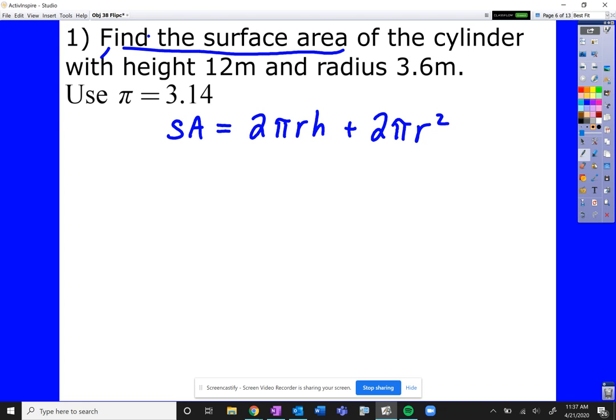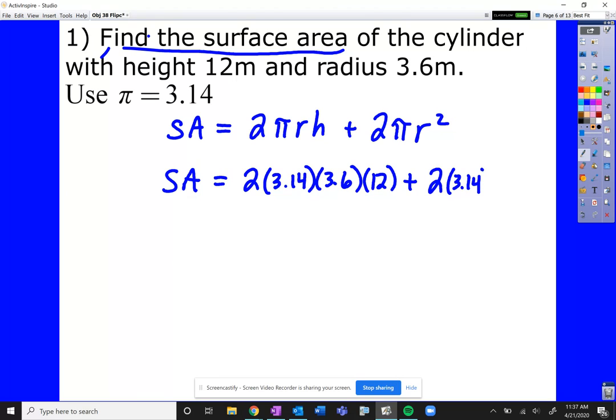Find the surface area, so we don't know that, so let's leave it. 2. Replace pi? Yes, 3.14. Replace r? Yes, told the radius was 3.6. Replace h? Yes, height is 12. Plus 2. Replace pi and the radius squared.